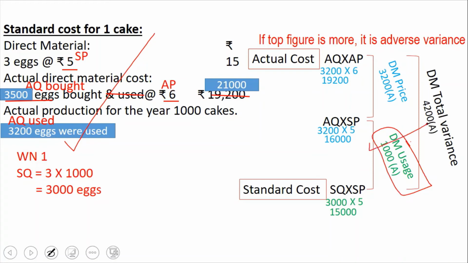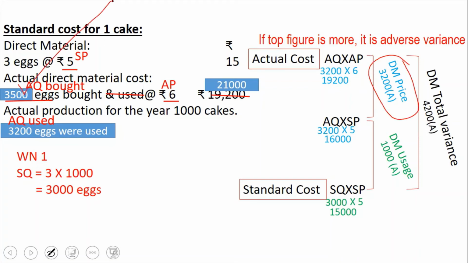It should remain at 1,000 rupees, where the actual quantity used is 3,200. But what about the direct material price variance? The purchase manager has bought 3,500 eggs, and he bought it at rupees 6 when he was asked to buy at rupees 5, which means that for each egg, he paid 1 rupees extra. So what is the price variance or the adverse price variance which he has caused?